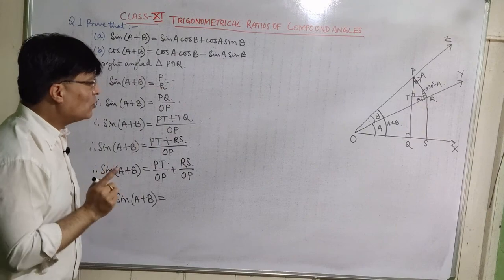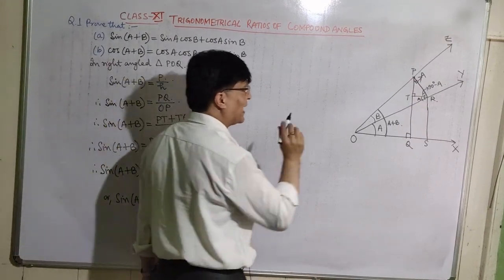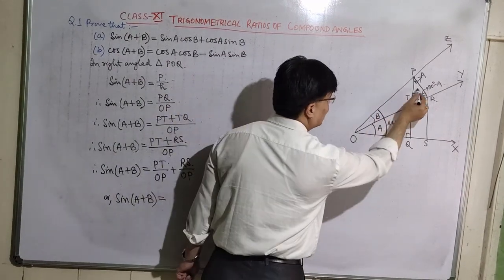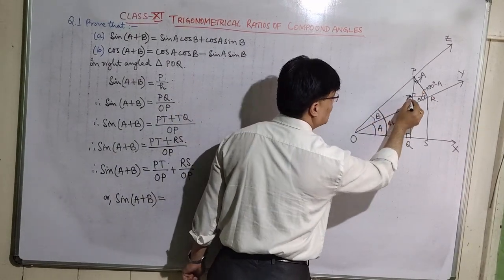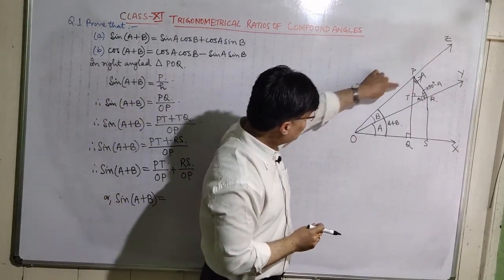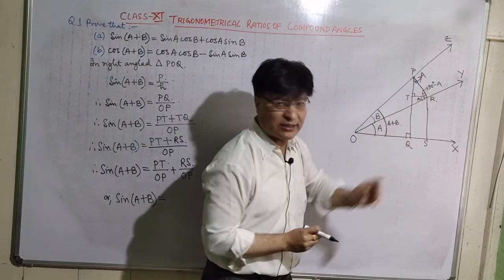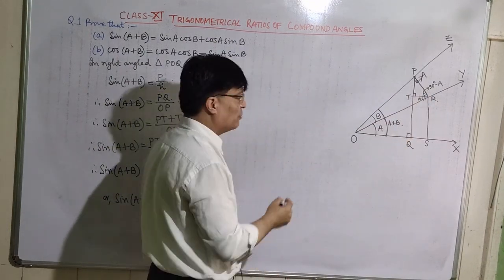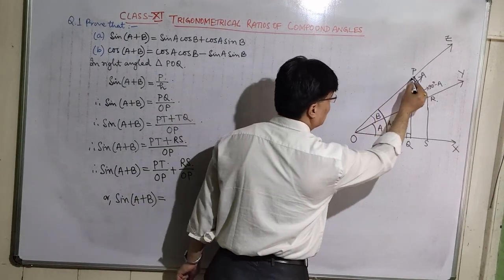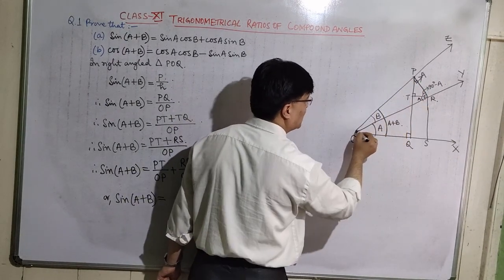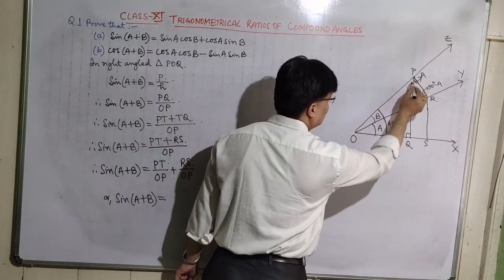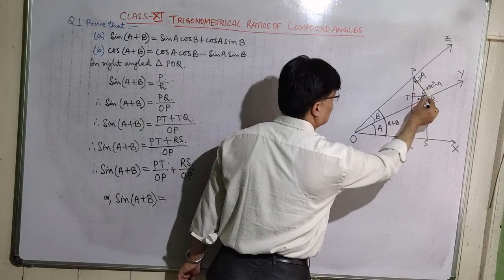Okay. So now, which is the common line of intersection for PT and OP? Which line is intersecting this PT and OP? This PT and OP is intersecting PR, isn't it? We can take PR here because both PT and OP are intersecting the same line PR.